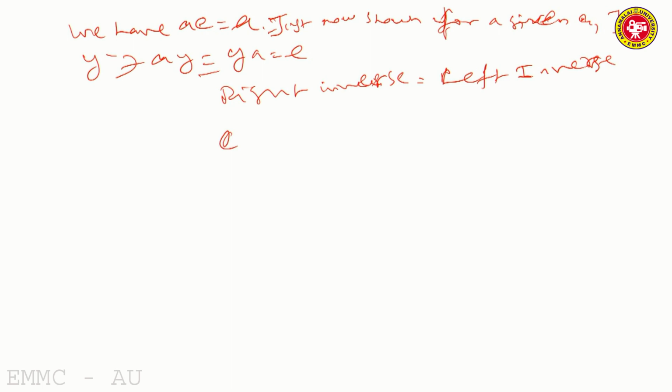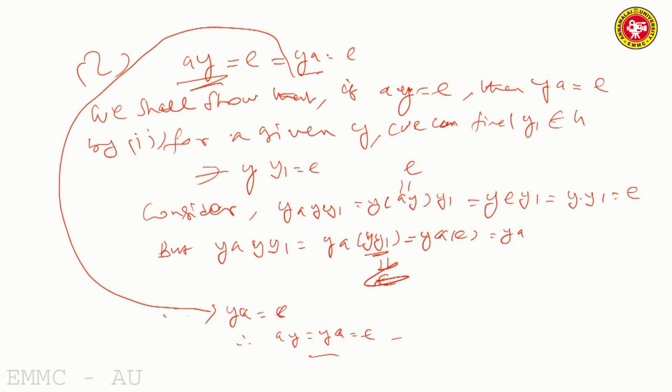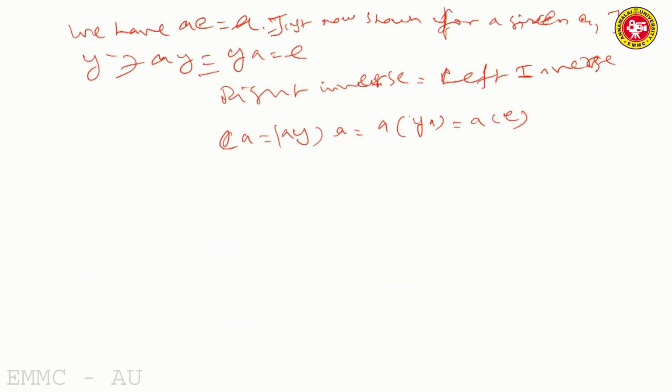Hence, EA is equal to AY dot A is equal to A into YA, which is equal to A into E, because AY is equal to E and YA is equal to E. Thus, E is a left identity.